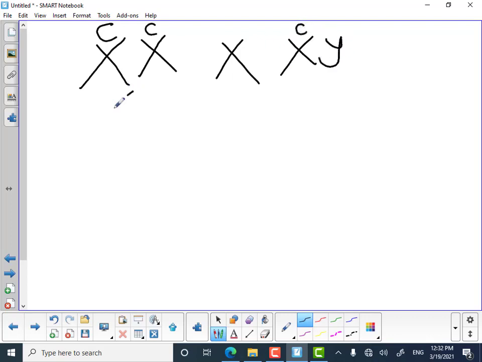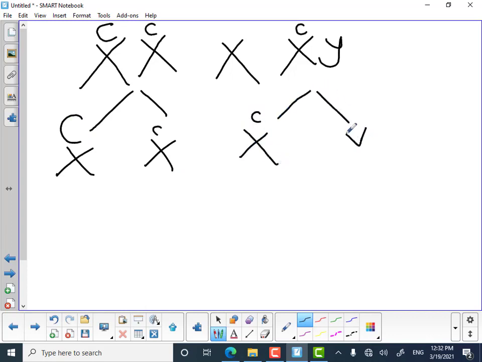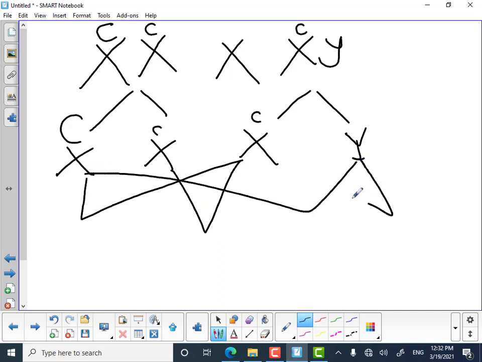Okay, this female gives us X capital C, X small c, and the male X small c, Y. Now we will show the properties of the fetus.